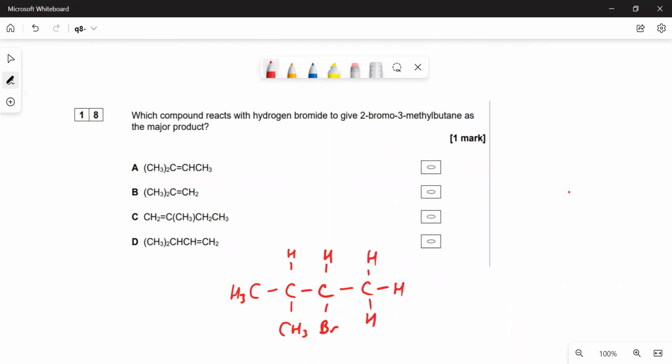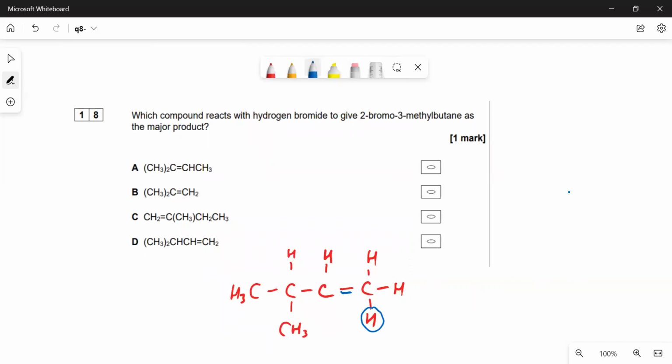What happens is you add HBr, so you add Br to one and H to the other. Now, that one, if the double bond was there, you would get that compound, okay? Because this carbon, if you think about it, would be the one with the carbocation in the mechanism. And that's a secondary carbocation, so that would be the major product.